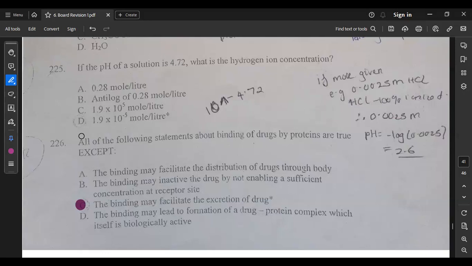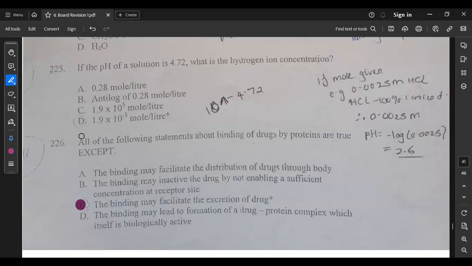Okay, so what do you think of choice D? Basically, the question is just saying proteins in themselves, once they bind to these drugs, first of all, can increase the distribution, because due to binding they can move better.